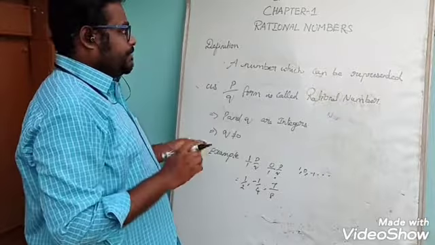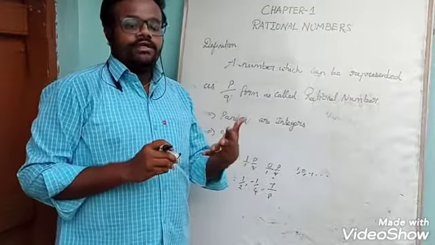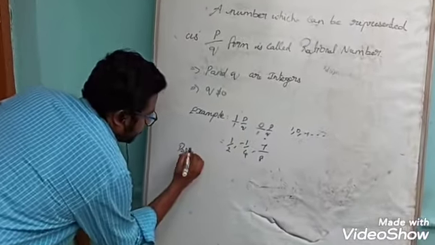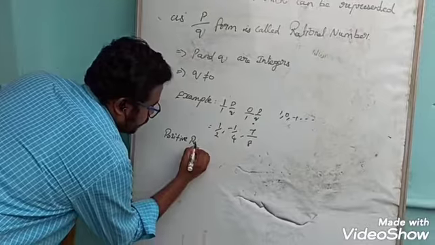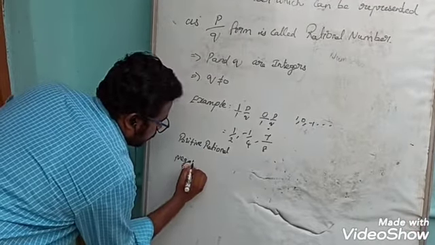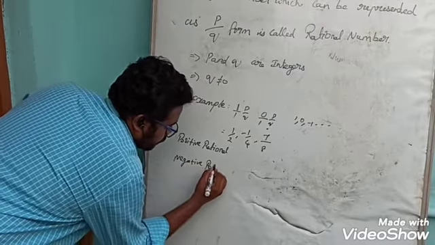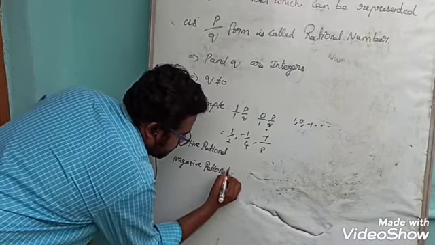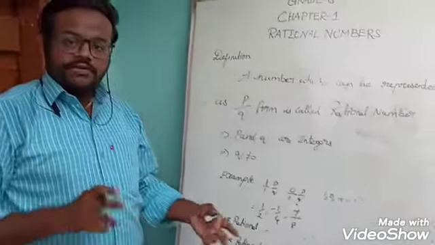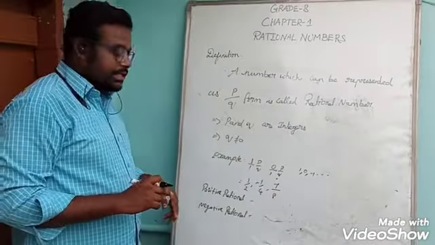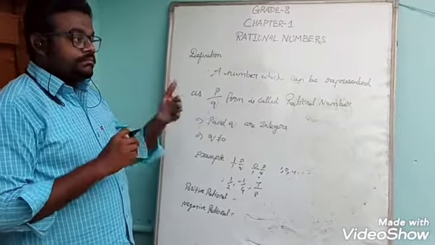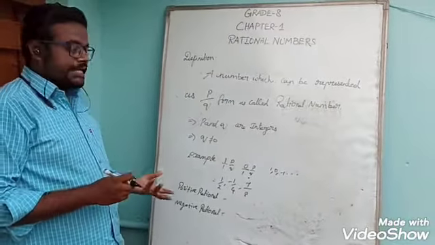A positive rational number is one where the numerator and denominator have the same sign. When the numerator and denominator both have the same sign, we say it is a positive rational number.